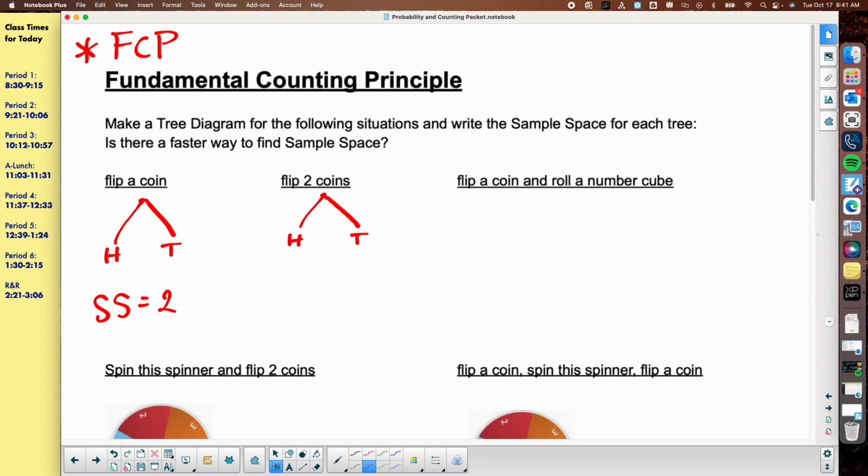I would flip a coin again, because I'm flipping a coin twice. And two different things can also happen. And I would have heads, tails underneath heads. Or if I go back up and tails was my original choice, then I would flip a coin for a second time.